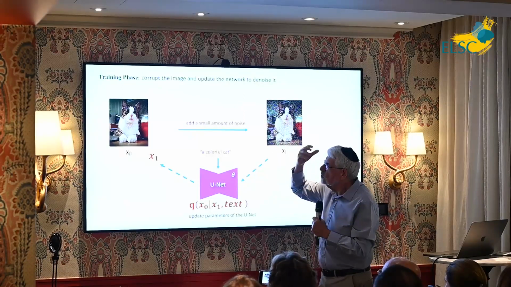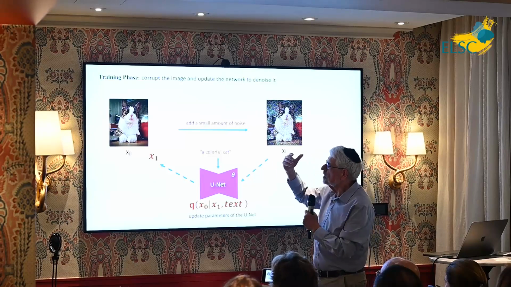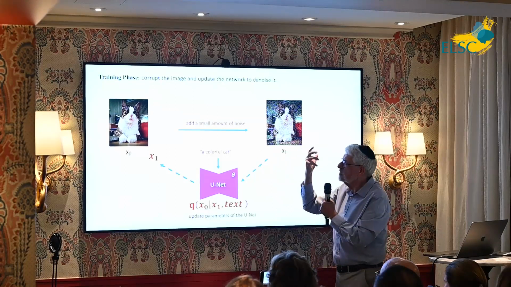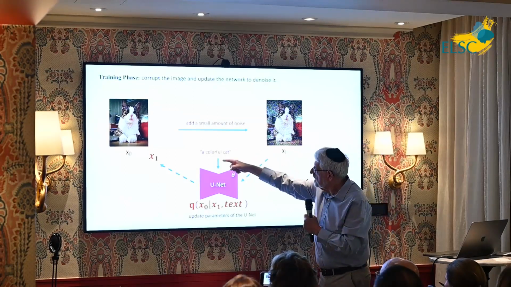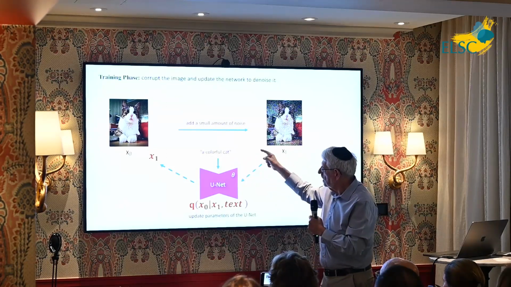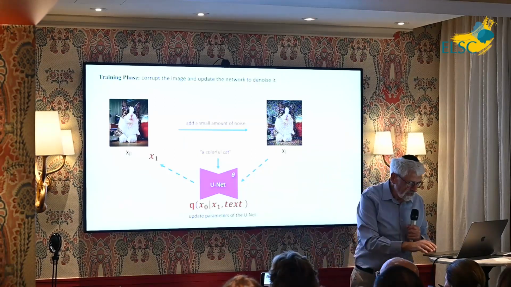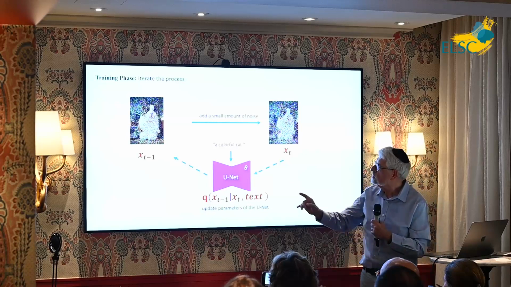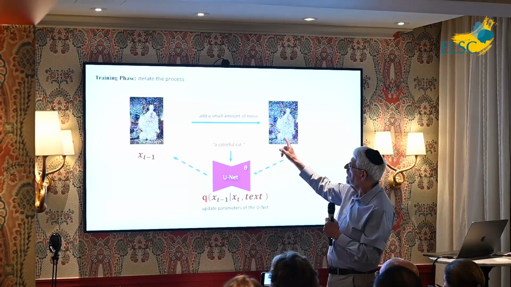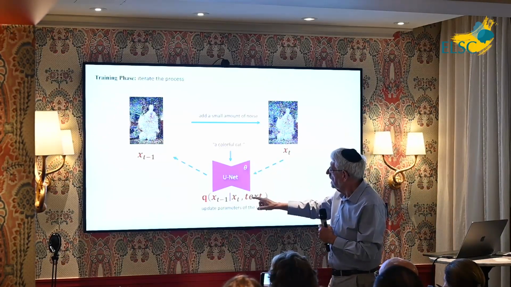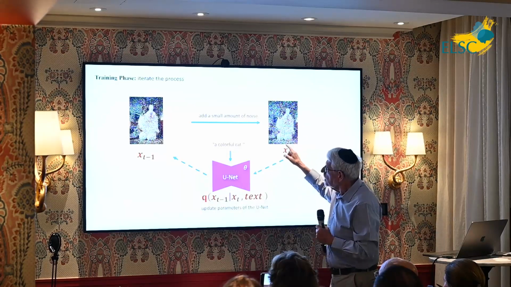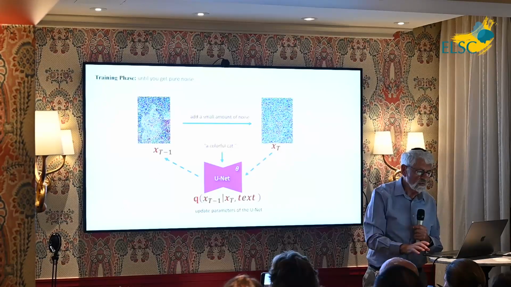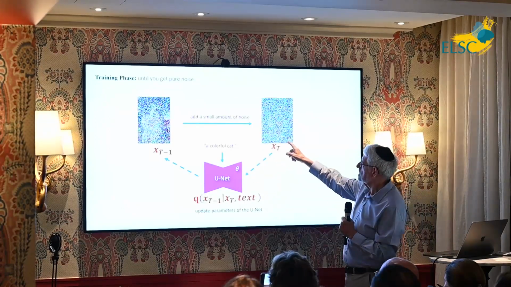So if you have a good statistical model of how clean images look, and you have the textual prompt, you do this. The amazing thing is that you just keep doing it. Now let's add another amount of noise with the same prompt. The same network has to do this. So you just iterate again and again until you get to complete noise.